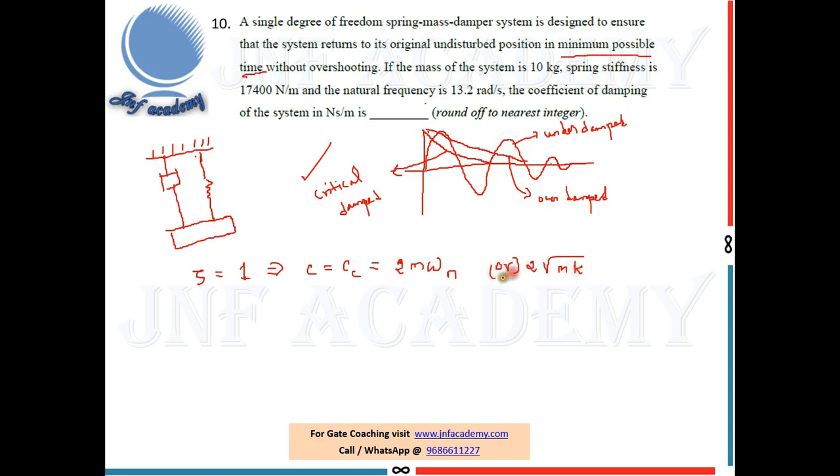Any one formula you can use. This formula is nothing but a simplification of this one only, because here we have 2m, and instead of omega n, you write root of k by m. If you cancel this, you will get this formula.